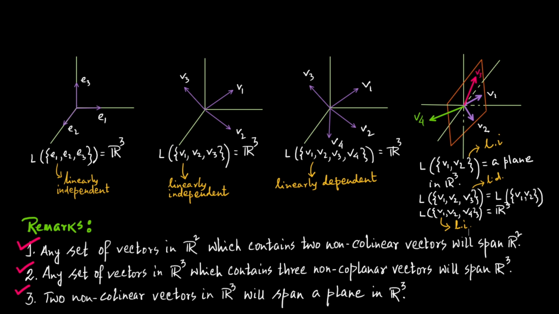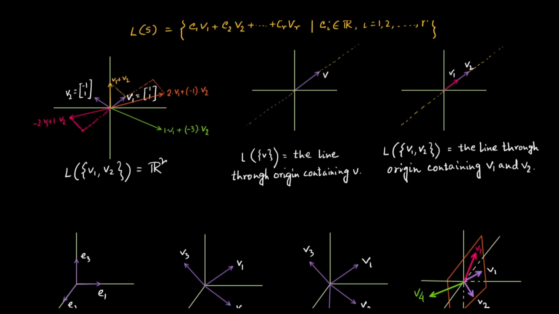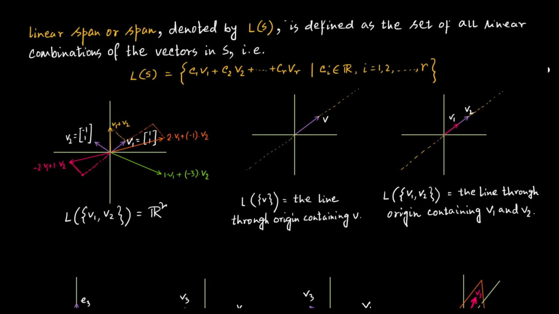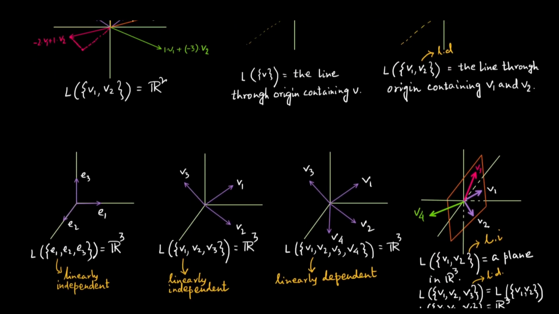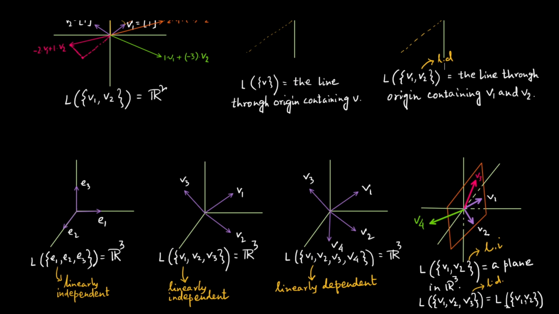In this case, for the set V1, V2, this is a linearly dependent set, because I can represent V2 as a multiple of V1, or V2 lies in the span of V1, and vice versa, V1 lies in the span of V2. So this is linearly dependent, and accordingly the vectors are collinear. So linear dependence is a generalization of the concept of collinearity or coplanarity of vectors.